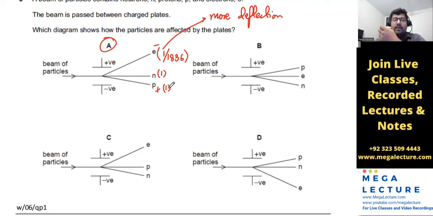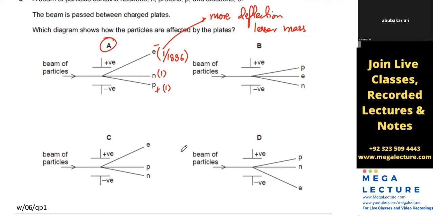Relative mass means we don't know the actual mass. Both the proton and neutron have equal masses, and the electron is 1836 times lighter than these two. So there is more deflection because there is lesser mass. Light particles are deflected more. The force is the same. If you apply the same force to a very small thing, it's going to be deflected more. Is this clear?